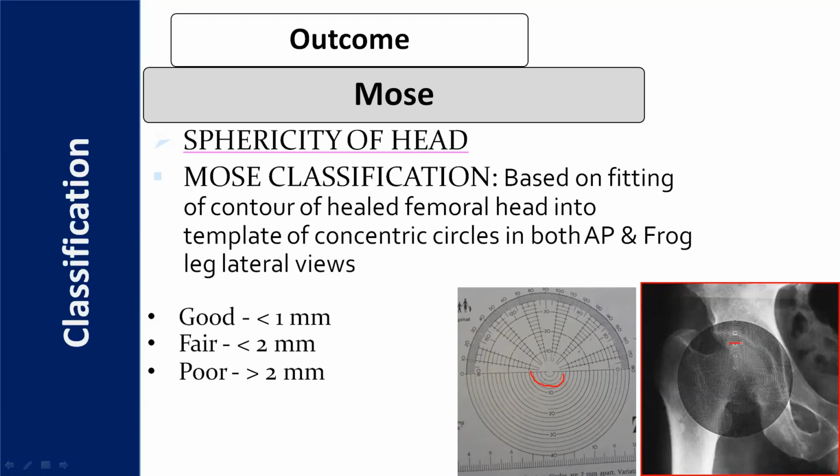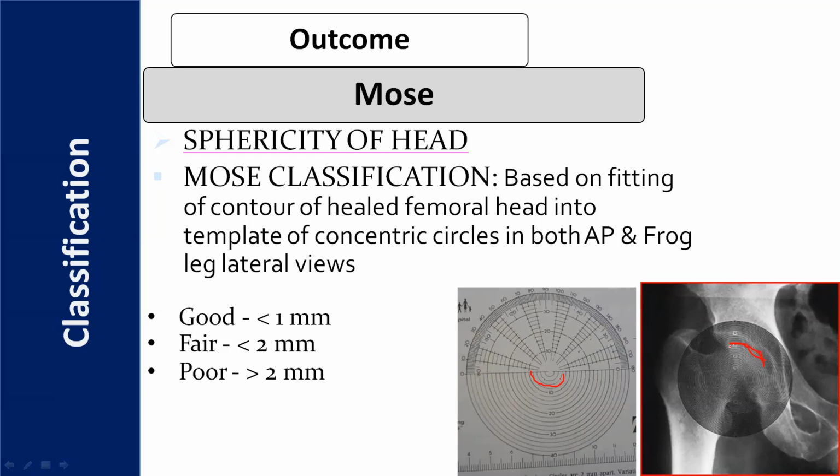So let's say this is the femoral head. This is the sphere of the femoral head. If we go over here, it's the same circle, okay?